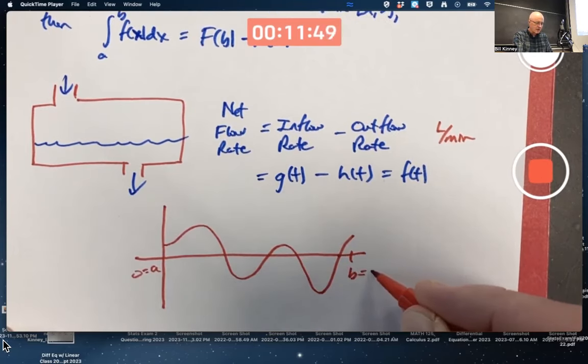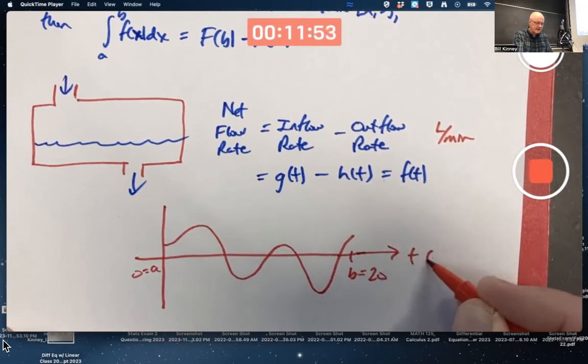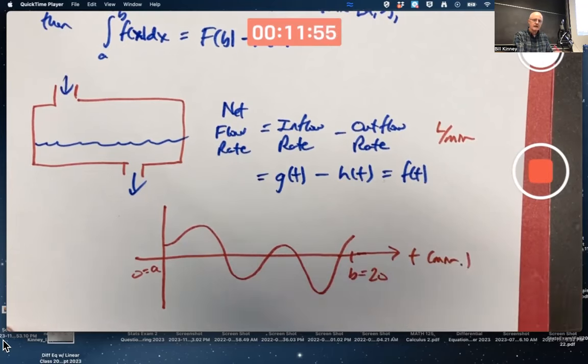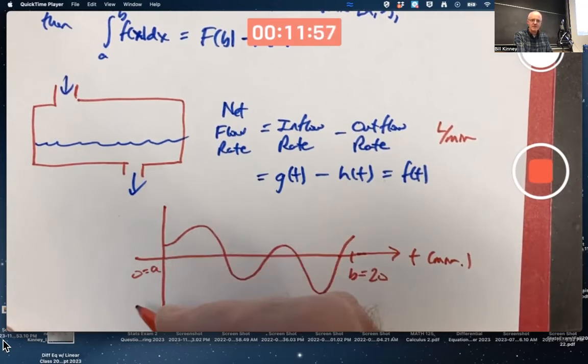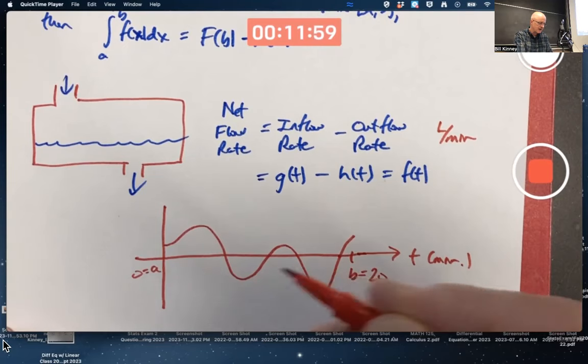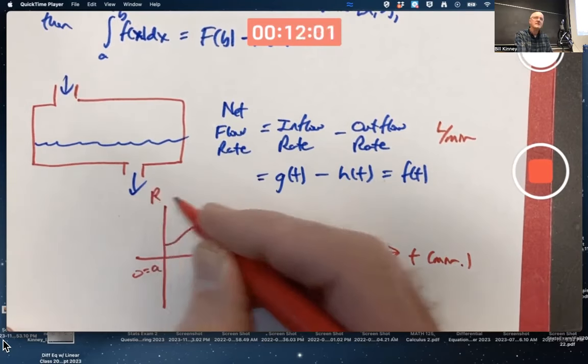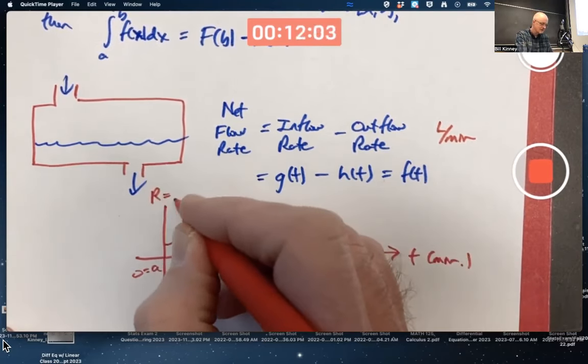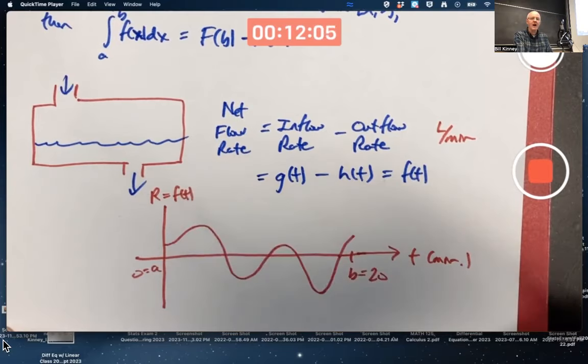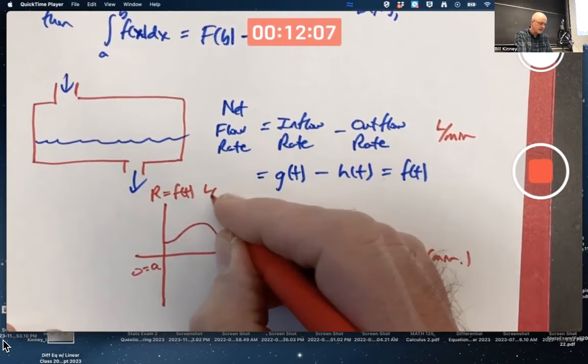You could pretend it's whatever you want, maybe 20. This would be a t-axis in minutes. This would be a flow rate axis. What should I call it? Maybe R for rate. This would be in liters per minute.